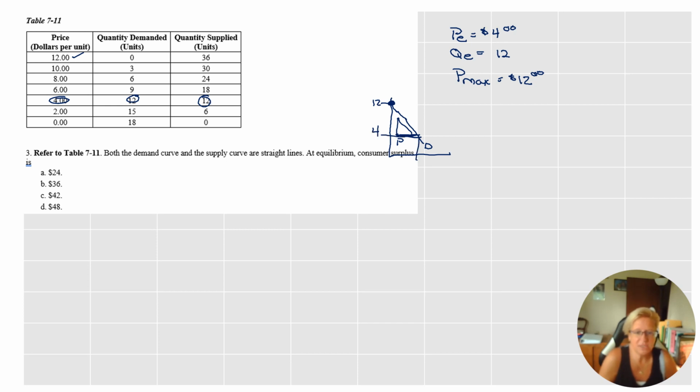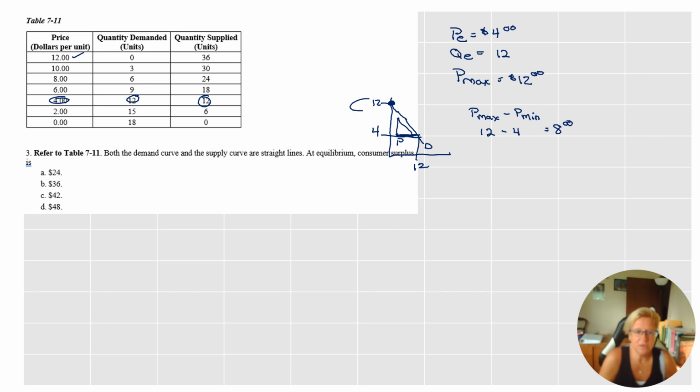Now that I know my price maximum is 12, price equilibrium is 4, and quantity equilibrium is 12, I can easily calculate the area of this triangle using 1/2 base times height. I start with my price max and subtract the price minimum: $12 minus $4 gives me $8.